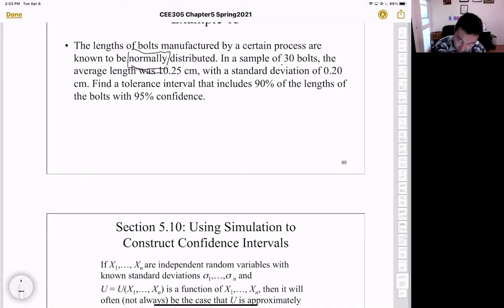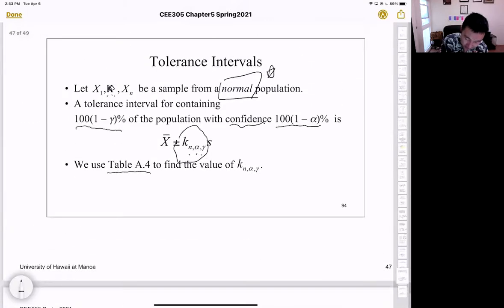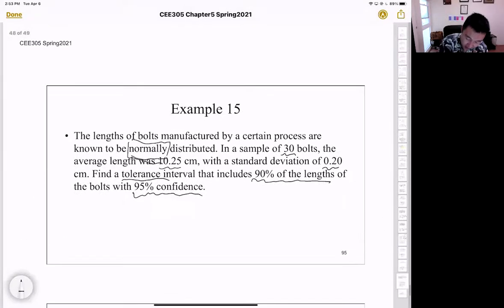In a sample of 30 boats, the average length is 10.25 centimeters, standard deviation 0.2. Find a tolerance interval that includes 90% of the length with 95% confidence.